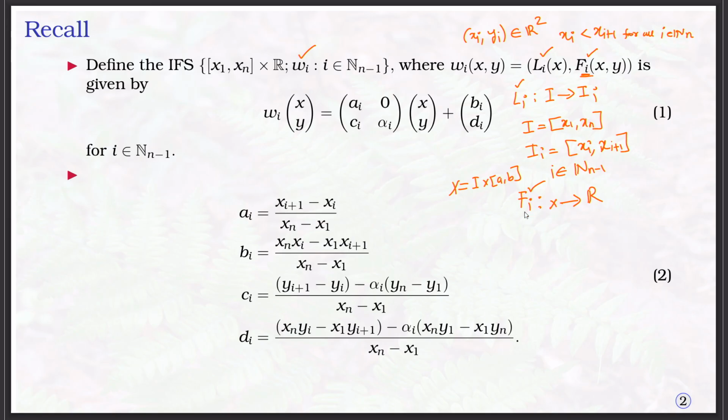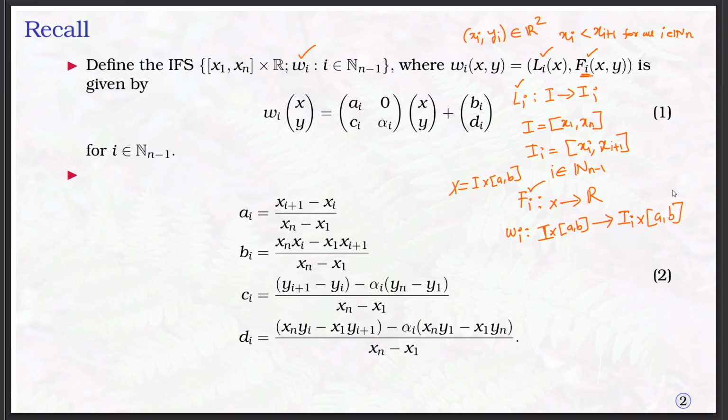By using the L and F, one can define Wi from I cross the closed interval a comma b, maybe I will write it again. Wi is defined from I cross a comma b to I cross the closed interval a comma b.